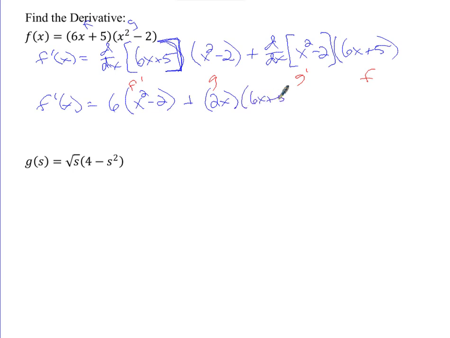Okay. This one actually is easier than the other one, which is nice. 6x squared minus 12 plus 12x plus 5 squared plus 5x. Wow. Let me pay attention. 10x. Okay, am I right now? Yep. All right, so one more step, combine like terms.